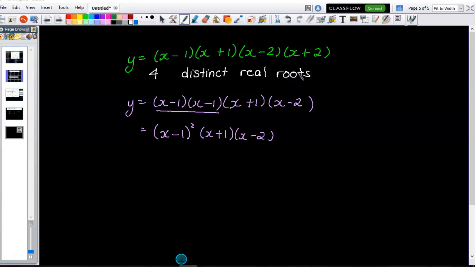Would you agree? Whereas this one, this is how you would have to describe it, it's got 1 real repeated root, and then 2 distinct. Can you come up with another combination that's different to those two?